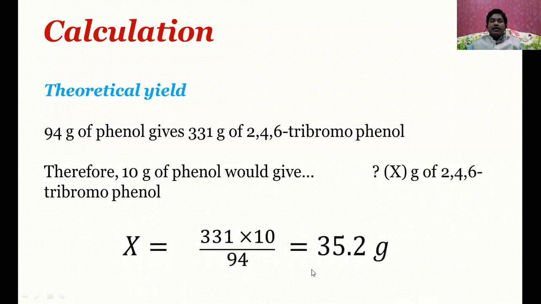This can be calculated in this way. The 10 grams of phenol will give 35.2 grams of 2,4,6 tribromophenol theoretically.